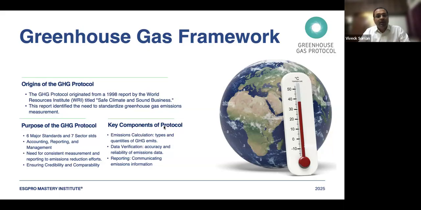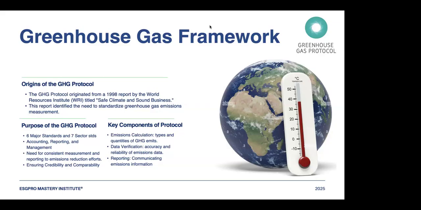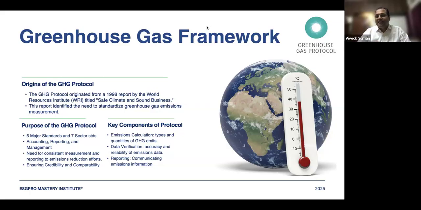So the GHG Protocol also addresses sector-specific requirements. Like GRI has 4 sectors covered: agriculture, oil and gas, etc. Similarly, the GHG Protocol has 6 major standards and 7 sector standards instead of the 4 sector standards of GRI. That is why people love this protocol.